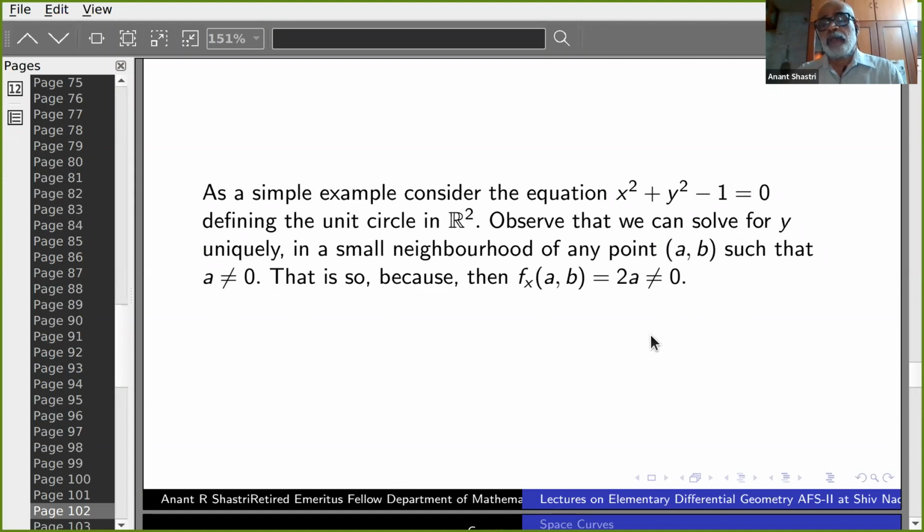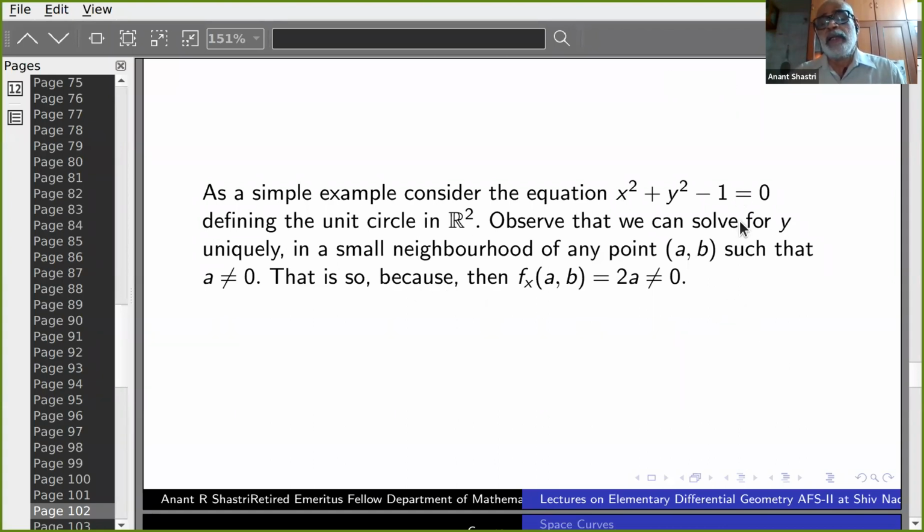In particular, take the circle. If the x coordinate is not equal to 0, it means it is either in the upper half plane or lower half plane somewhere. You can solve for y. At the point (1, 0), you cannot. At the point (minus 1, 0), you cannot. Oh, sorry, the other way around. At the points (0, 1) and (0, minus 1), you cannot. That is what it says.